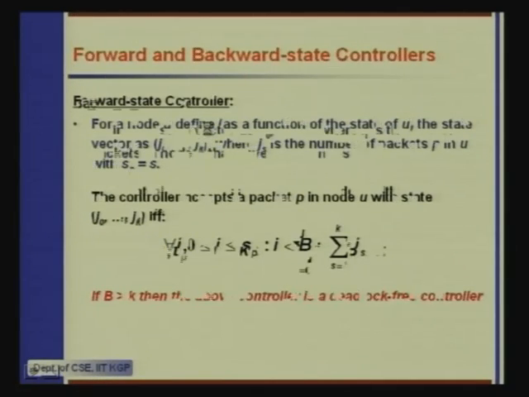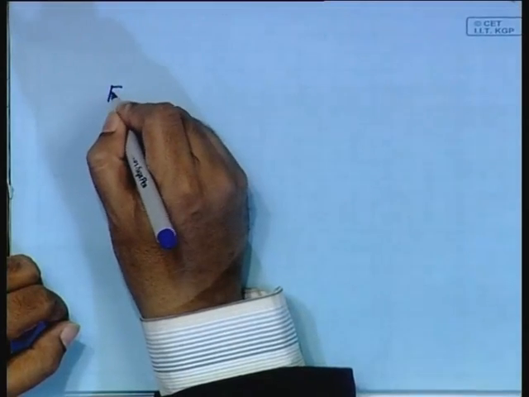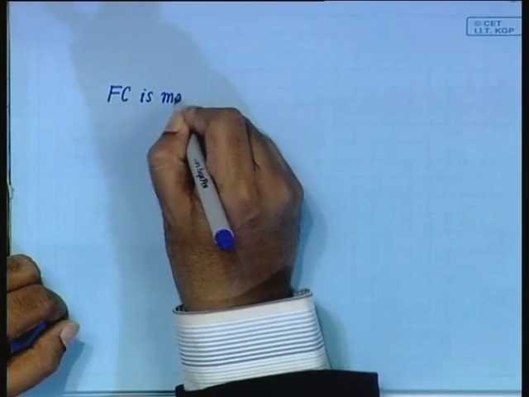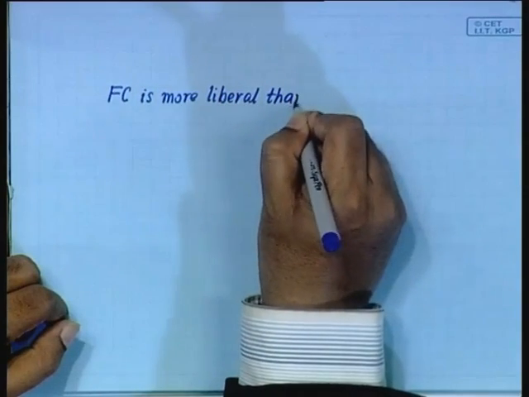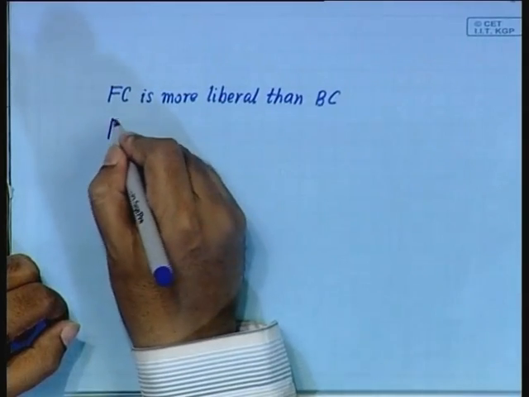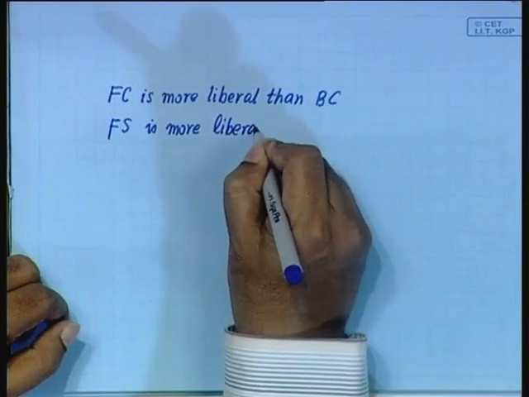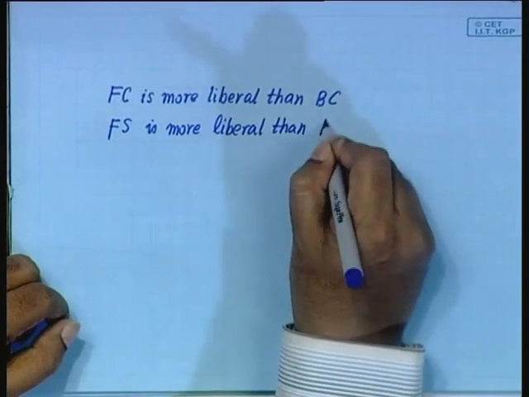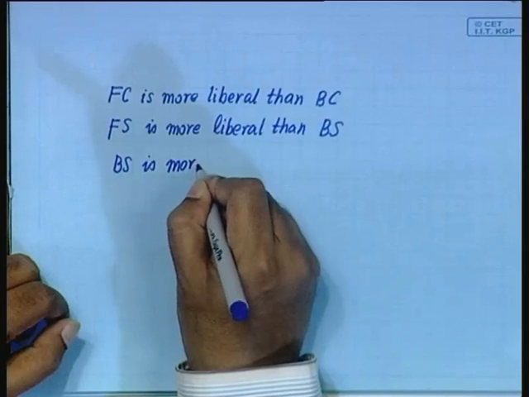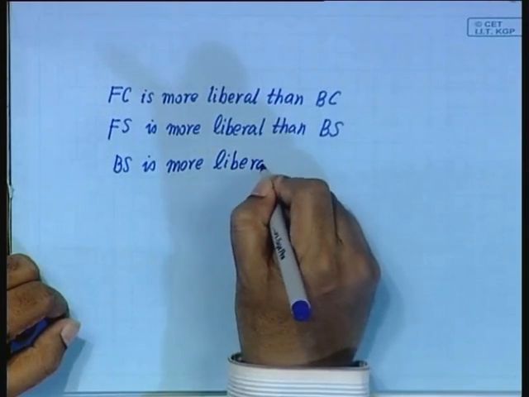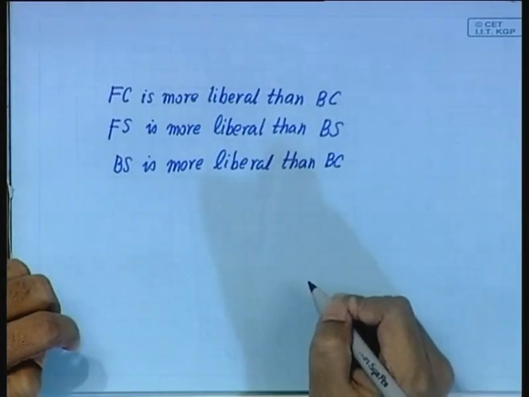Now, I will conclude by making only one statement: it was shown that Fc is more liberal than Bc, Fs is more liberal than Bs, and Bs is more liberal than Bc, okay.